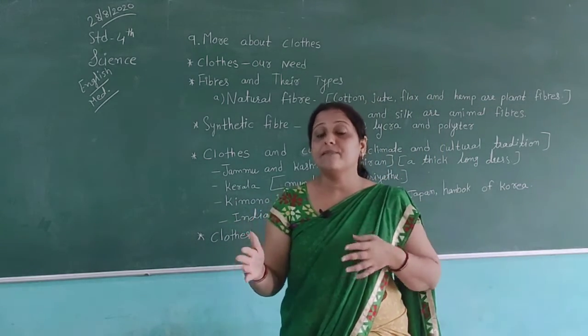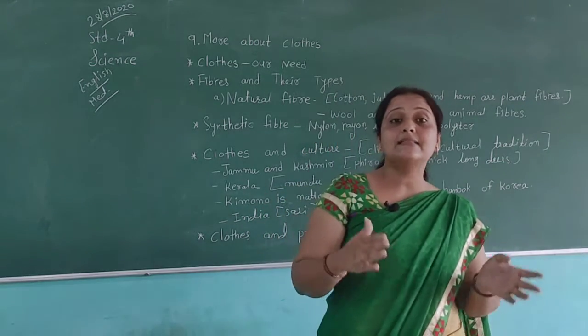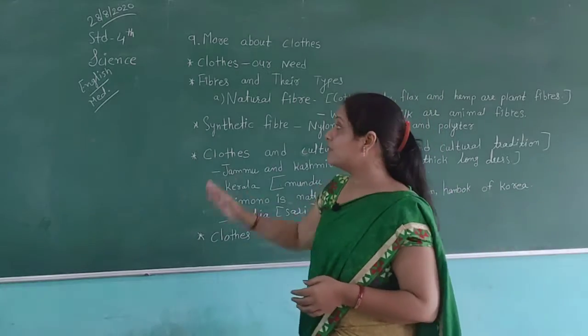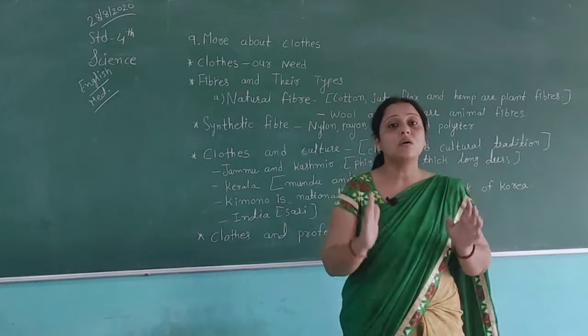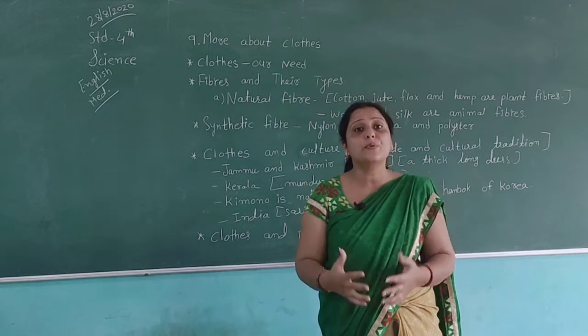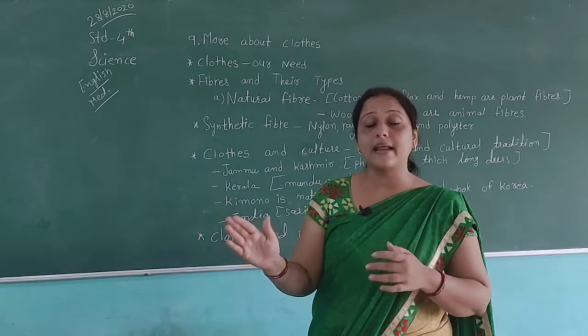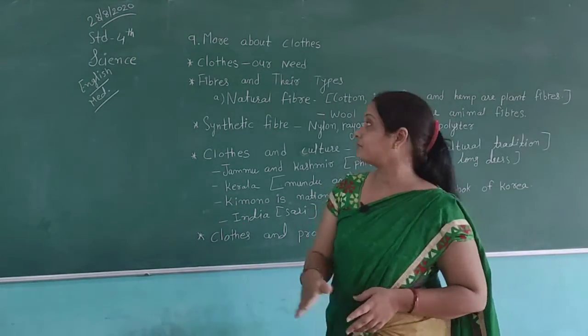So we can say our life is not possible without food, as our life is not possible without clothes, because clothes are very useful to us. Clothes always protect us against many types of conditions.